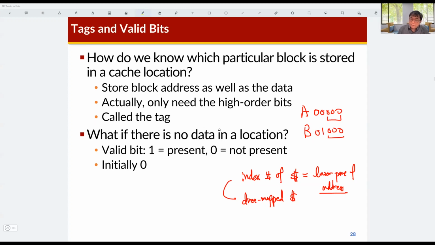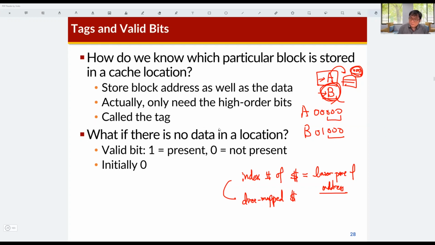The first A is accessed by the processor, and then B is requested by the same processor. When A is requested, this A is stored in the cache with the index number of 000. And then B is requested, but the address of B is 01000, so B has the same index number for this cache.